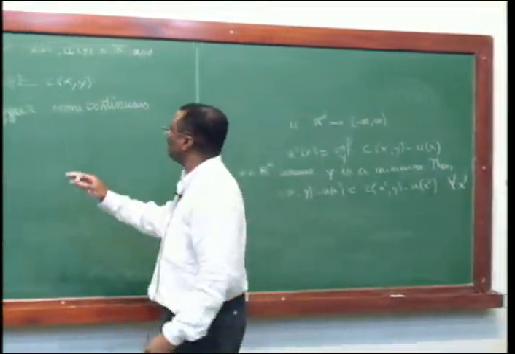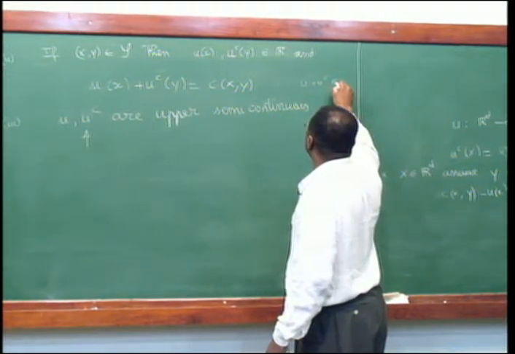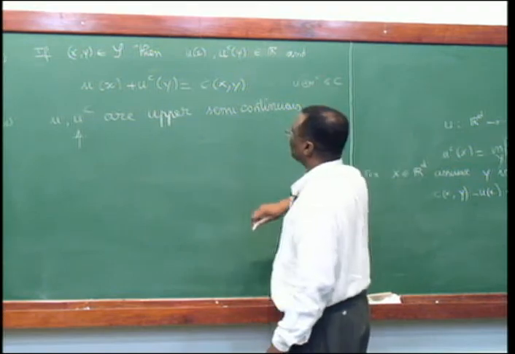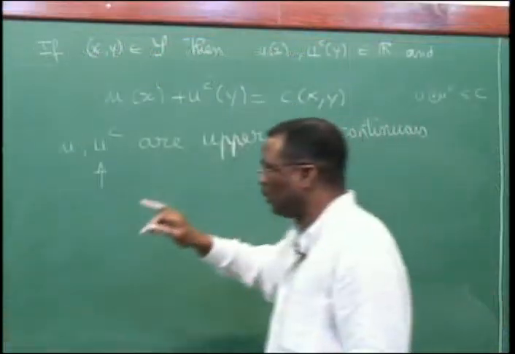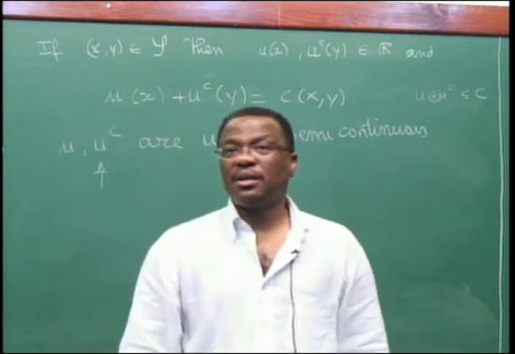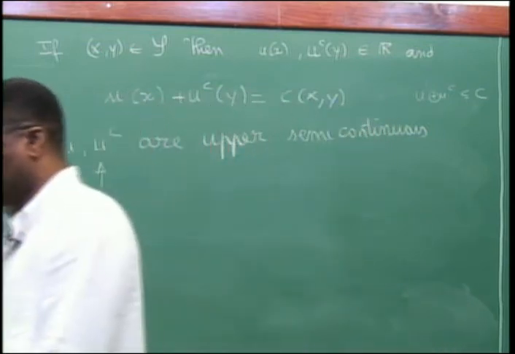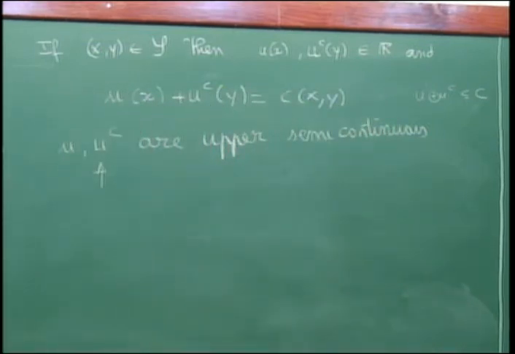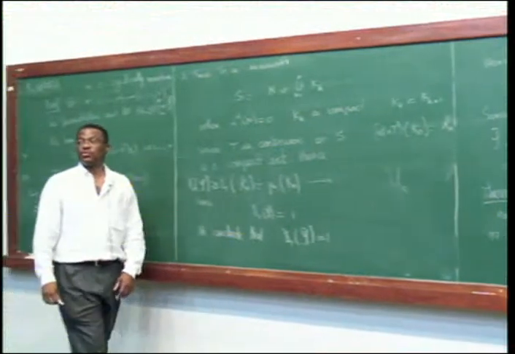So once I have, by definition, u plus u^c less than c, once I have that u and u^c are upper semi-continuous, and not identically plus infinity, I can conclude that u^c is in my set calligraphic U subscript c.